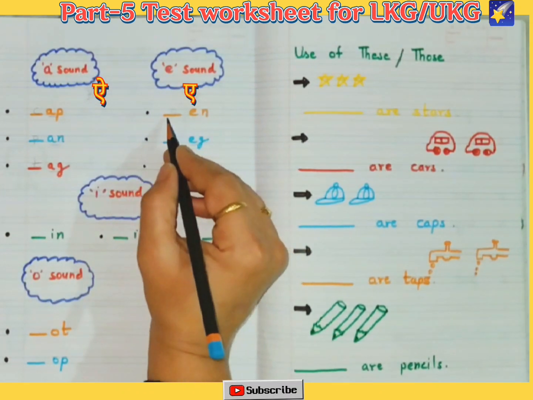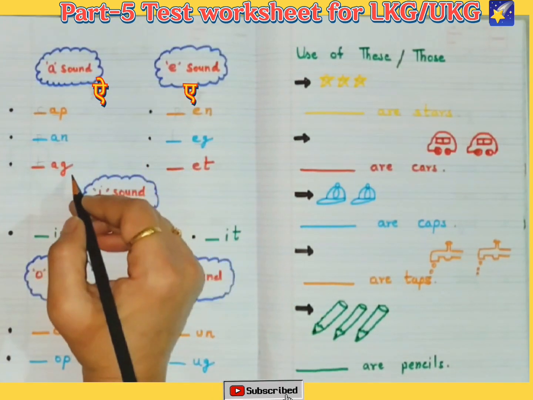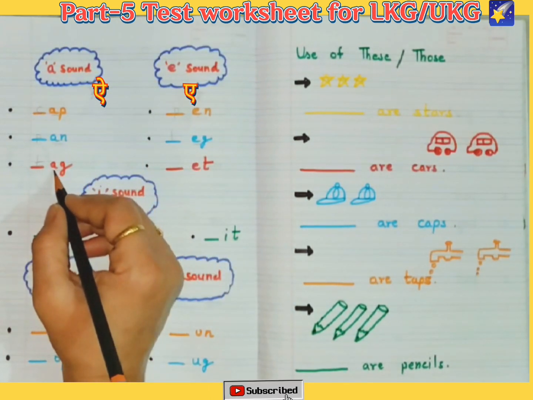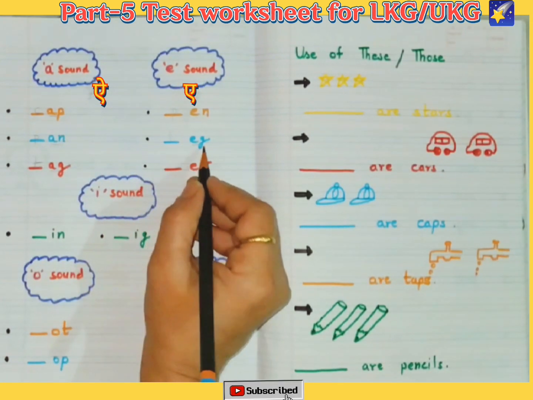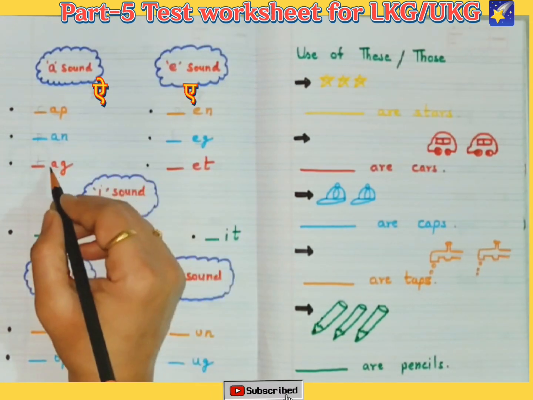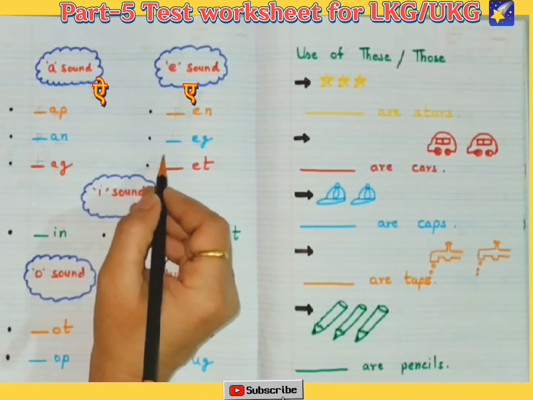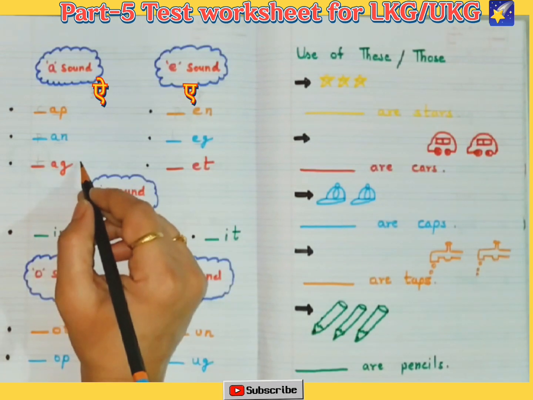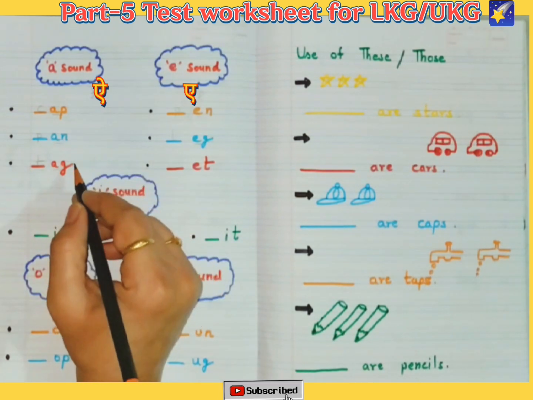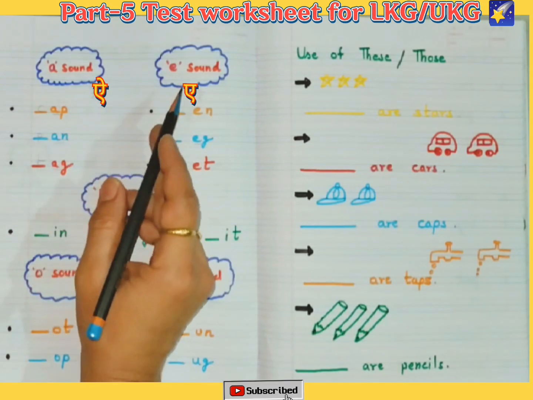A sound, E sound. Same with ag, tag, and eg, leg. See the difference in pronunciation. Pronounce it 2 or 3 times, and you will easily get the difference between the A and E sounds.